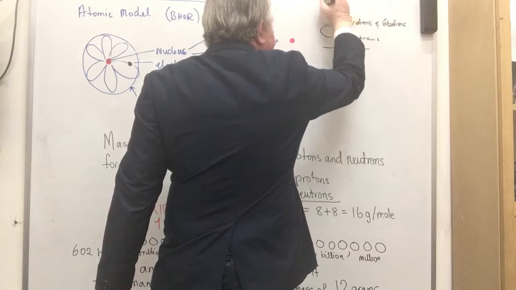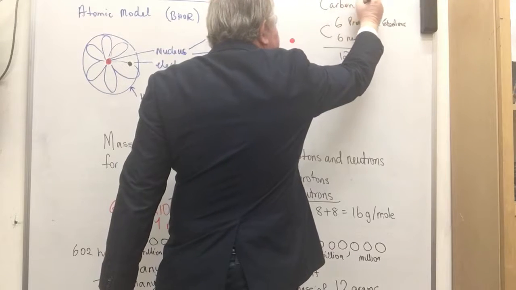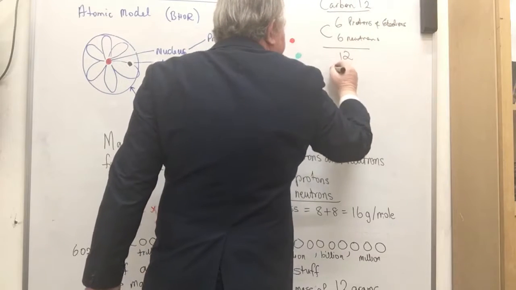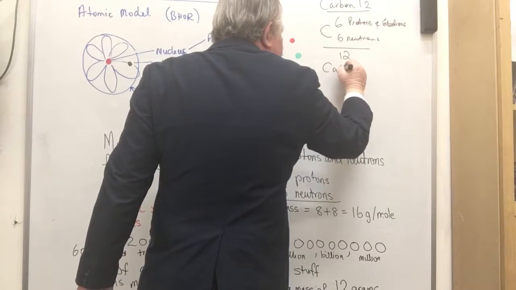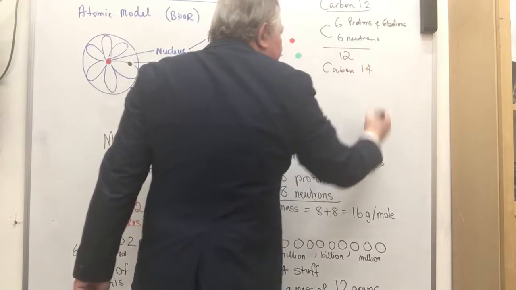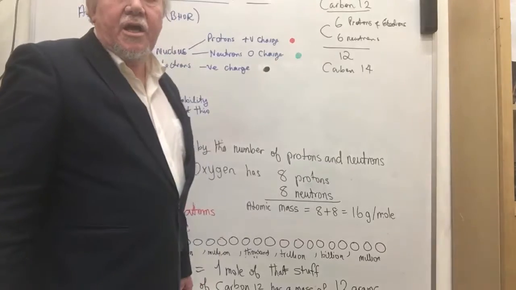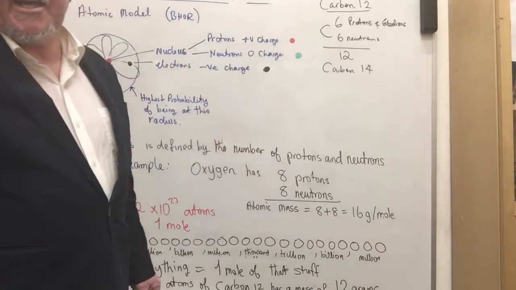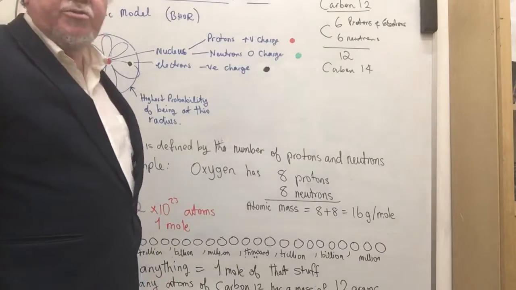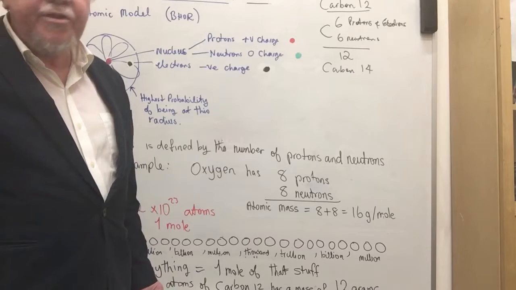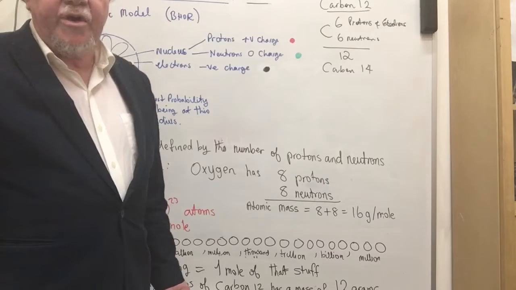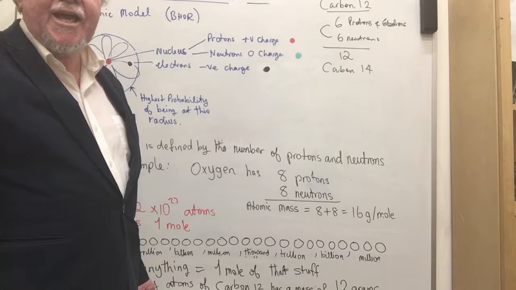So this is carbon 12. Okay, so carbon 14, for example, has radioactive decay, and that's why it's used to date things. And we know how quickly it decays.